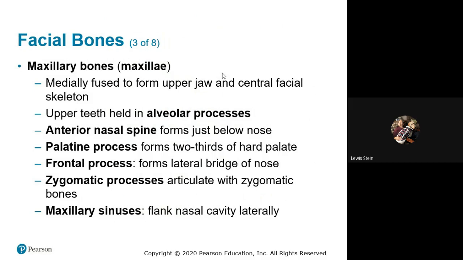There are two of them, obviously, and they fuse before we're born. Some people are born with a cleft in there that is too far open. We call that a cleft palate. It's frequently associated with people who have mental limitations, not all, but sometimes it's just developmental.